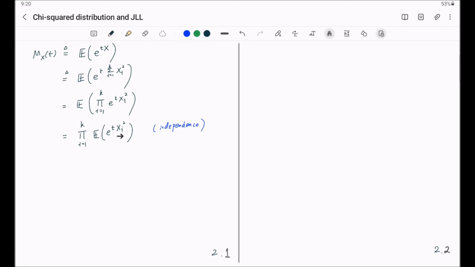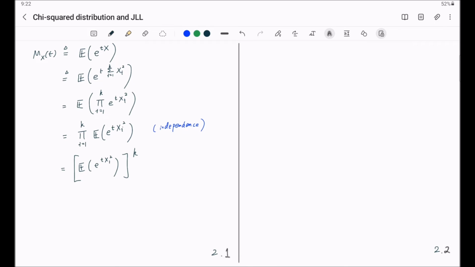And now, because those X_i's have identical distribution, we're going to simply write this product as a power. The k-th power of the first term, because the distributions are the same and thus the expectations are the same.